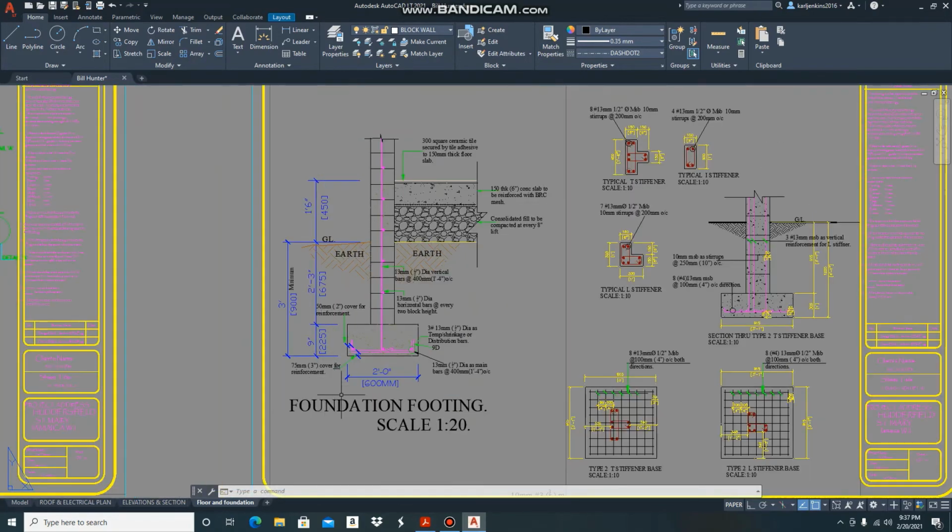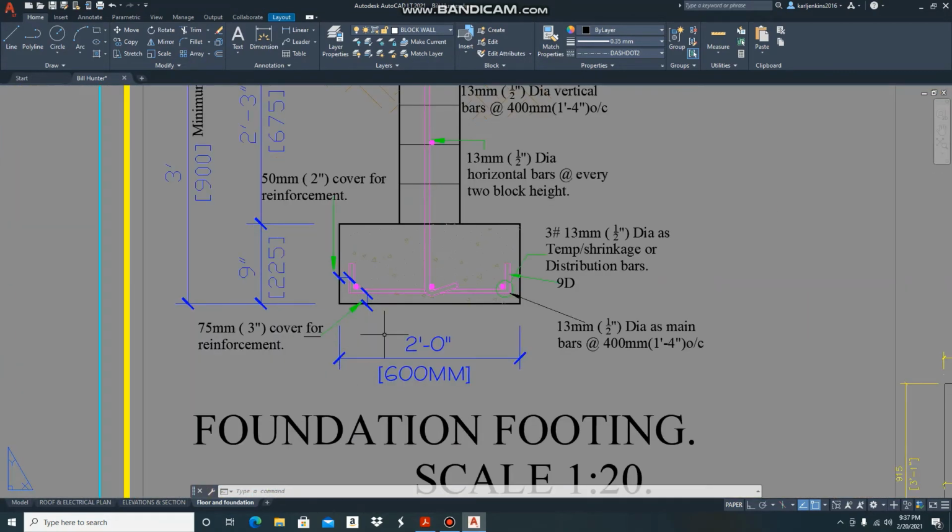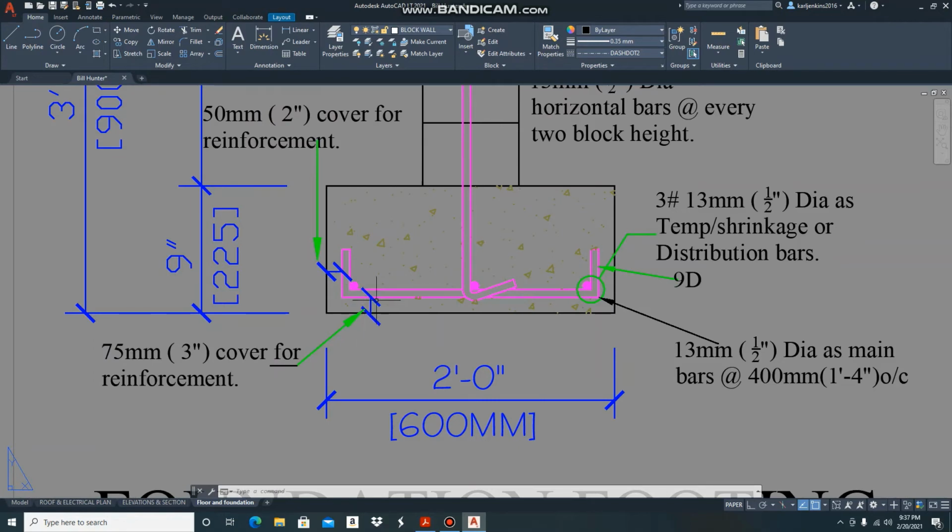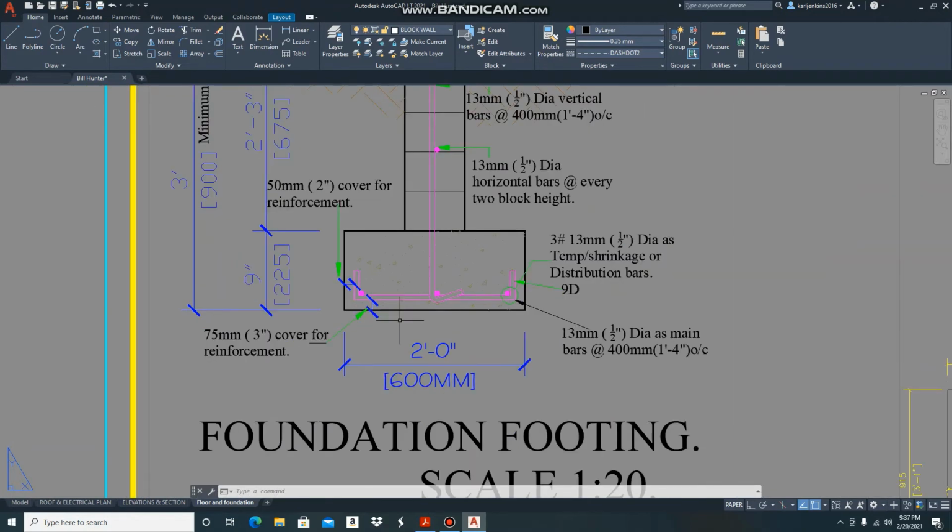Also, you must take into consideration your concrete cover. I can't stress this enough, because I've seen a lot of buildings in Jamaica where the people building them are not paying enough attention to the concrete cover. Your concrete cover is there to protect the steel from moisture getting to it and corroding it.